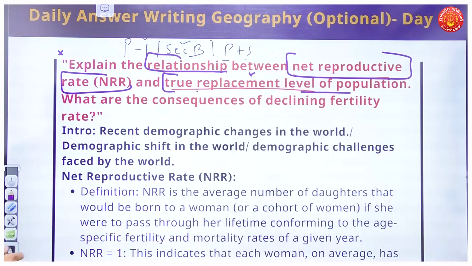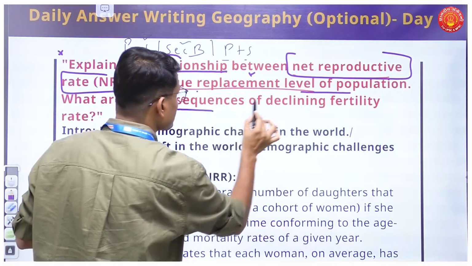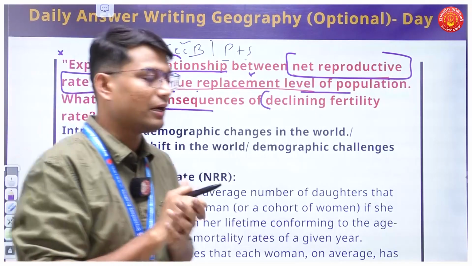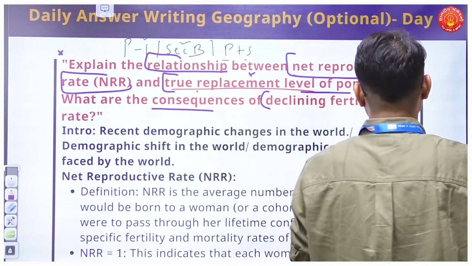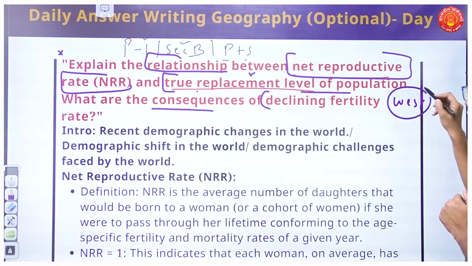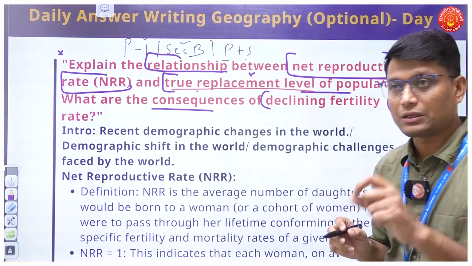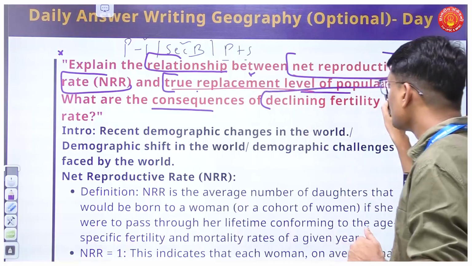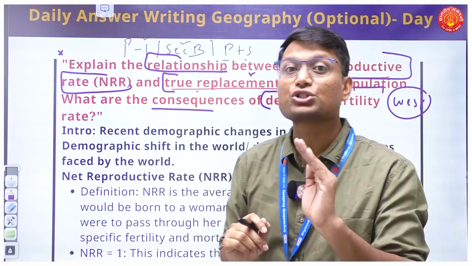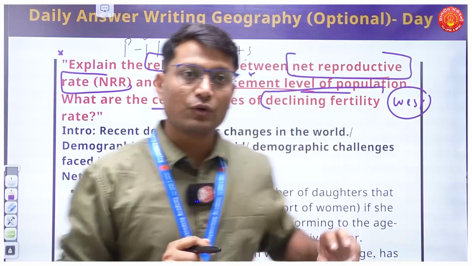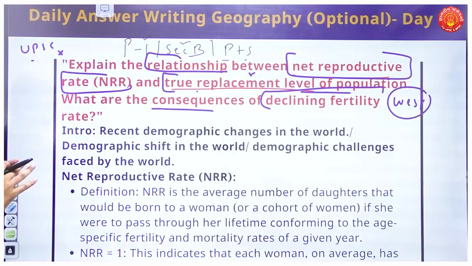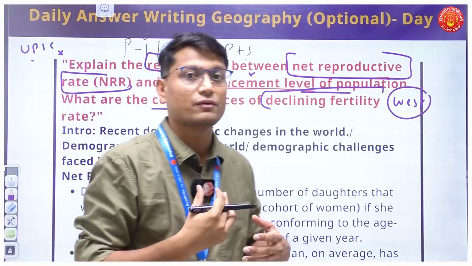Now the next part of the question is asking about the consequences of declining fertility rate. Declining fertility rate is a global phenomenon these days. Most of the countries in the West, or most of the developed countries, are experiencing declining fertility rate. Now you can understand from where this question has been asked. This is a UPSC PYQ, not something I have framed by myself.